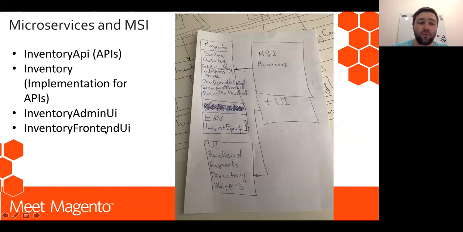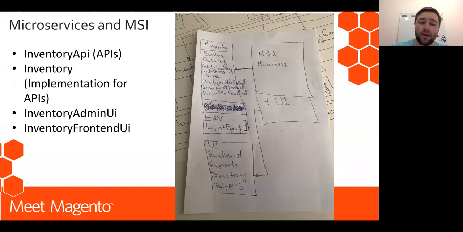So typically for such functionality as inventory, we have 4 different modules. Inventory API, which contains all the service layer and all the API provided by inventory. We have the inventory module, which provides the implementation of business logic for the inventory API interfaces. We have inventory admin UI, which is supposed to be used in the admin area, and we have inventory front-end UI.